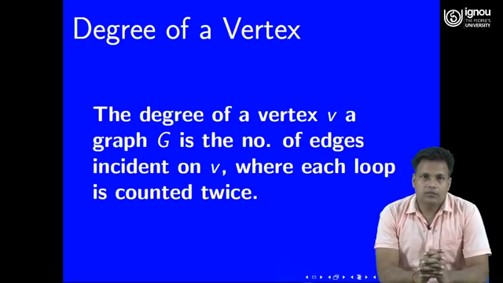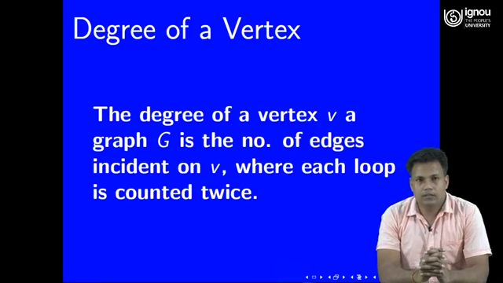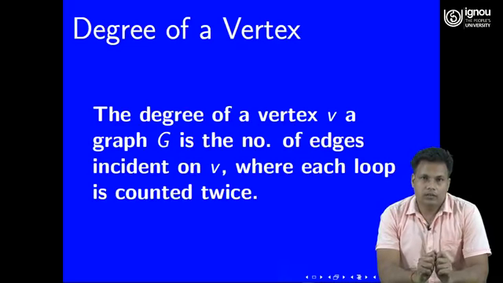Another concept related to a vertex is the degree of a vertex. It is defined as the number of edges incident on V, where each loop is counted twice. That means to find the degree of a vertex, you need to count the edges which are incident on V, and if there is any loop incident, then that loop will be counted twice.